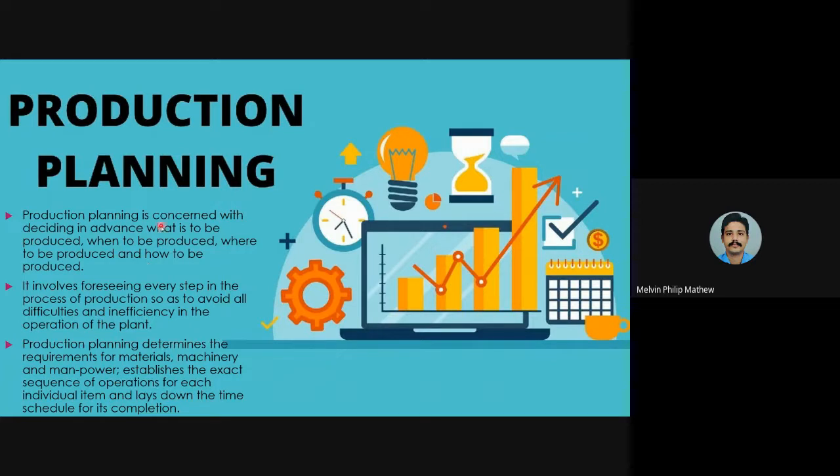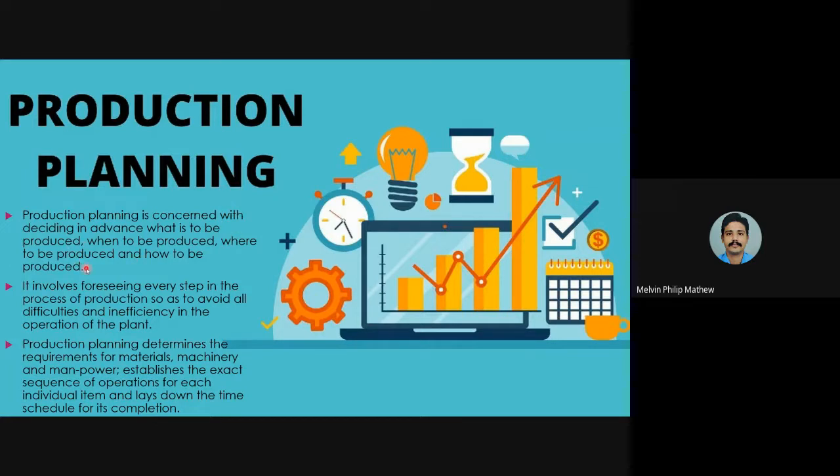It is concerned with deciding in advance what is to be produced, when to be produced, where to be produced, and how to be produced. So there are four factors. What is to be produced: what you have to produce. When to be produced: when you have to produce it. Where to be produced: where should we produce it and keep it in the inventory, or produce it and immediately send it to the market.